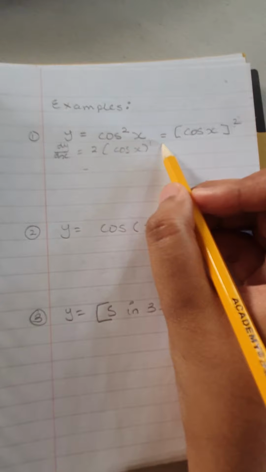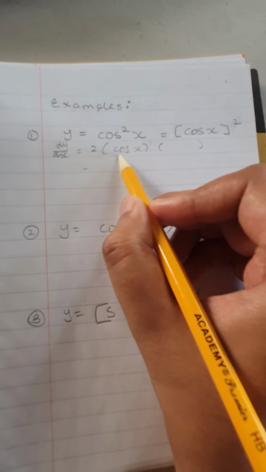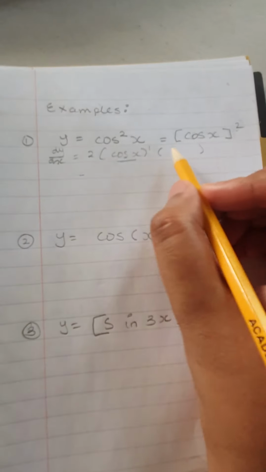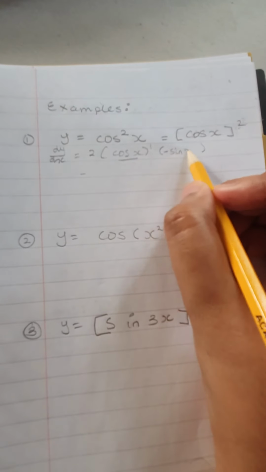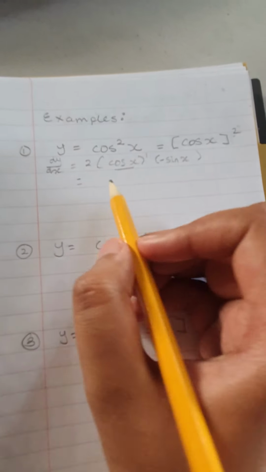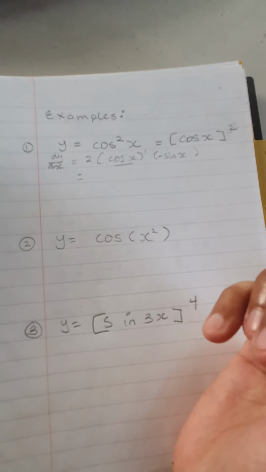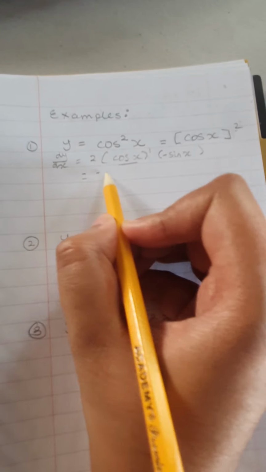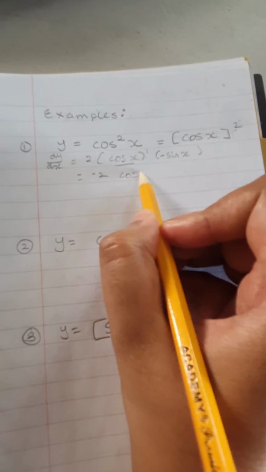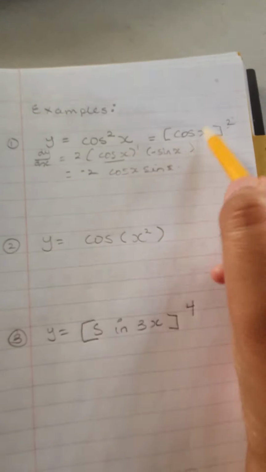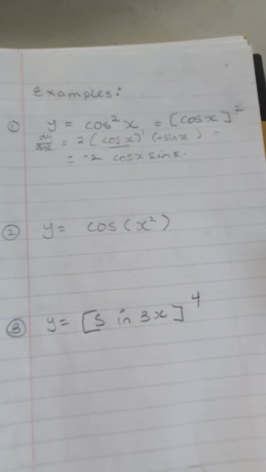And we have to multiply this by the differential of inside here. If we differentiate cos, we're going to get negative sine x. Alright, so this can simplify. If you want to take out the negative and put it in front with the 2 cos x sine x, that's up to you, right? If you wanted, you could have left it like this, right? So that would be good enough.